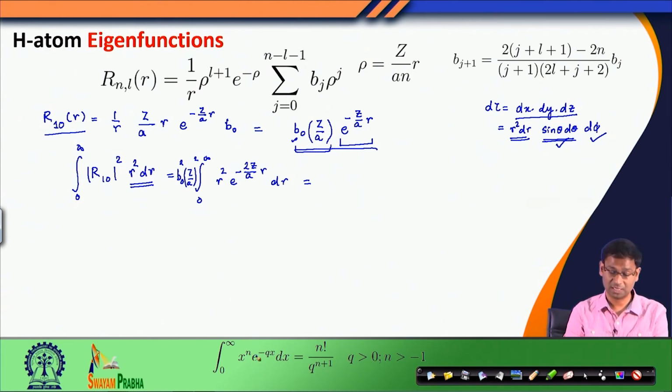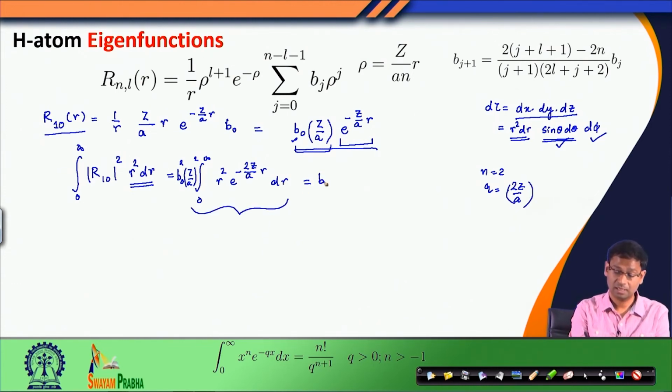That means the exponent must be negative, which is the case here, and n must be an integer greater than minus 1. Here n is 2, because I see x to the power n e to the power minus q x, and q is simply 2 z divided by a. So, let me first write down the constants that we have.